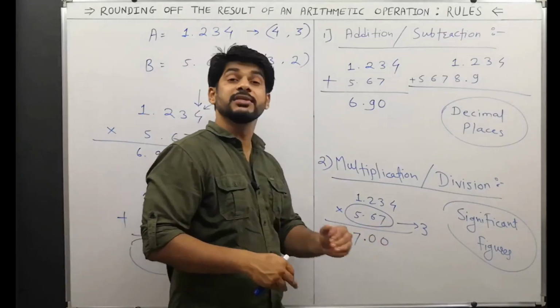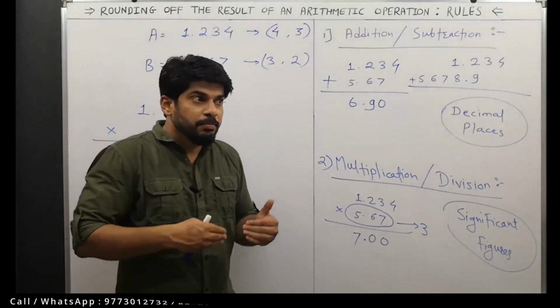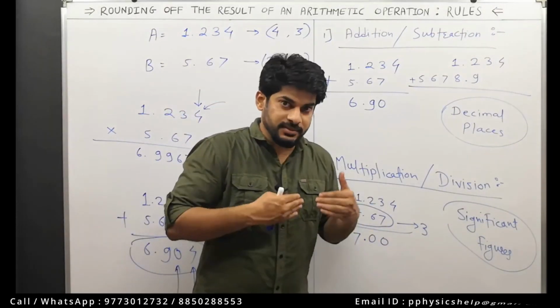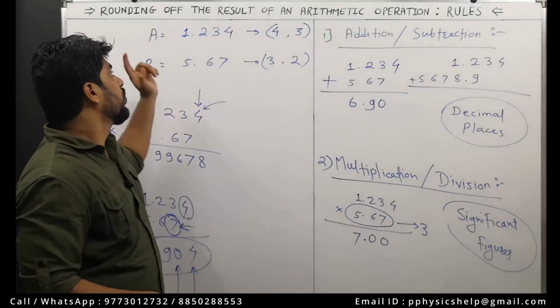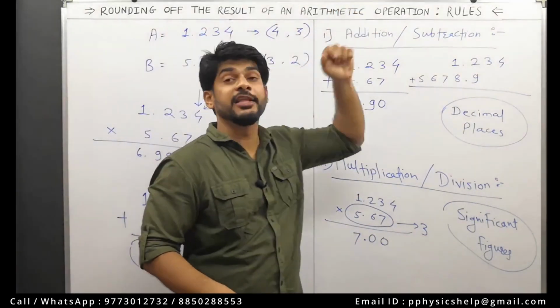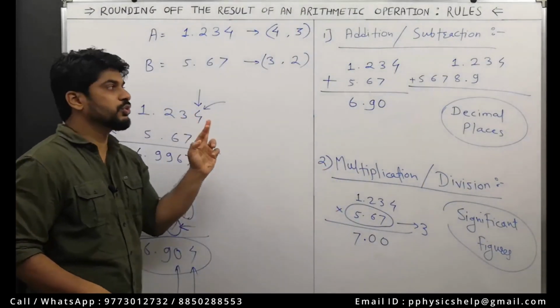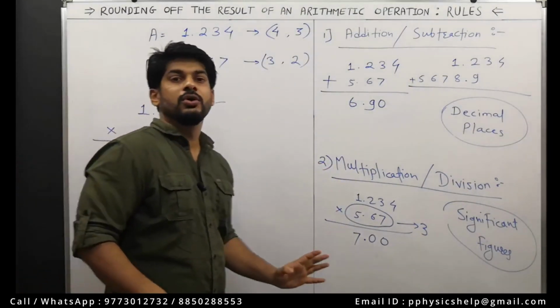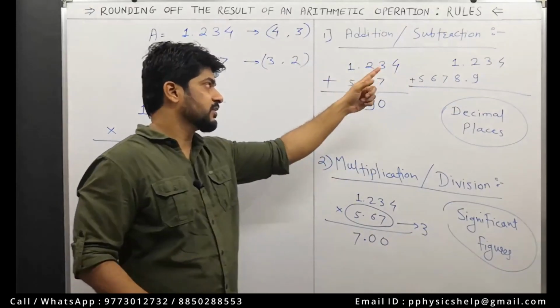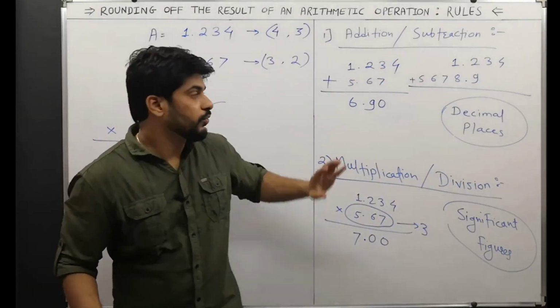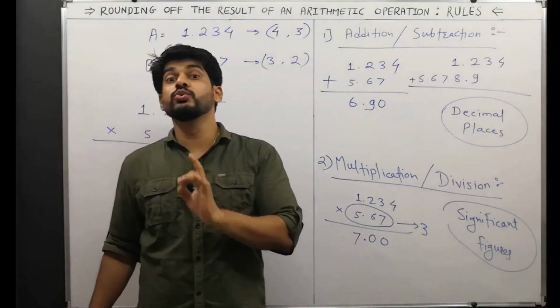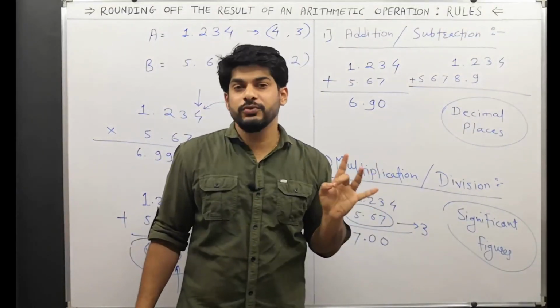So that is the method, the process, the rule for rounding up the result of arithmetic operations. So here we have got two rules: one for addition and subtraction, and the other for multiplication and division. I hope these rules are very clear to all of you.